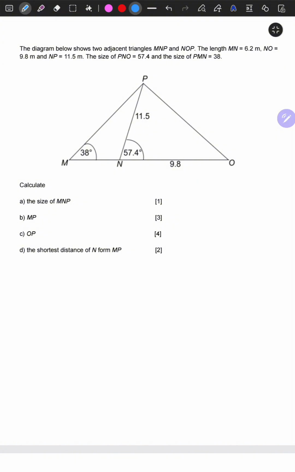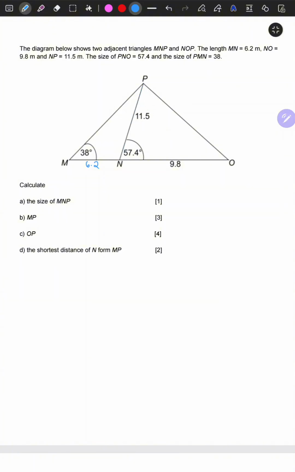But yeah, I've come back again with another trigonometry question. It says the diagram below shows two adjacent triangles, MNP and NOP. The length of MN is equal to 6.2, NO is equal to 9.8, and NP is 11.5.